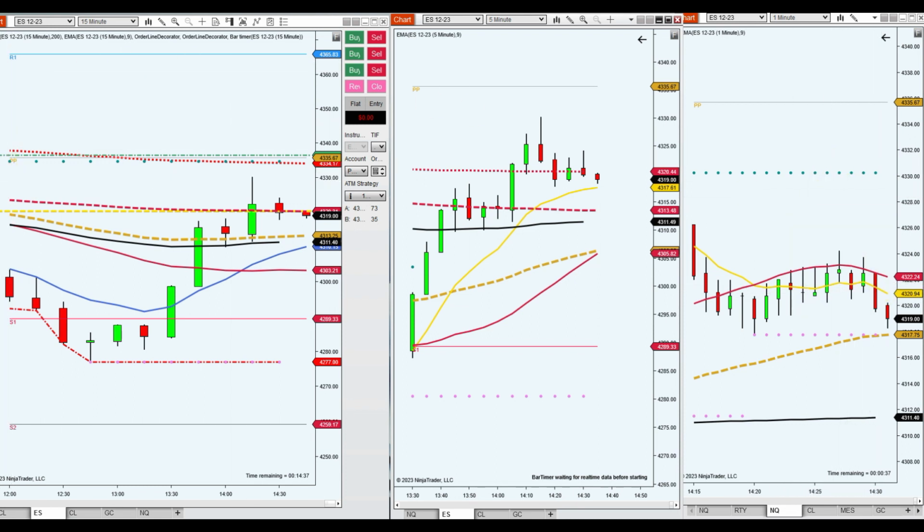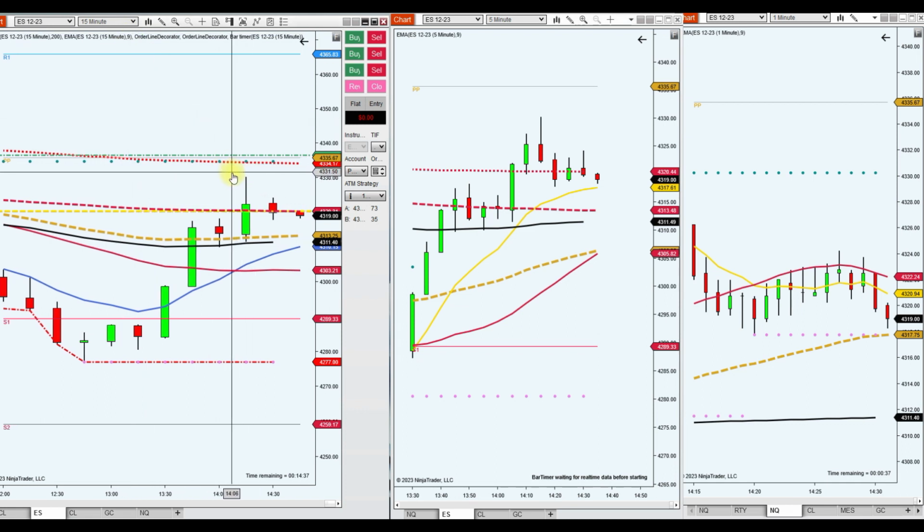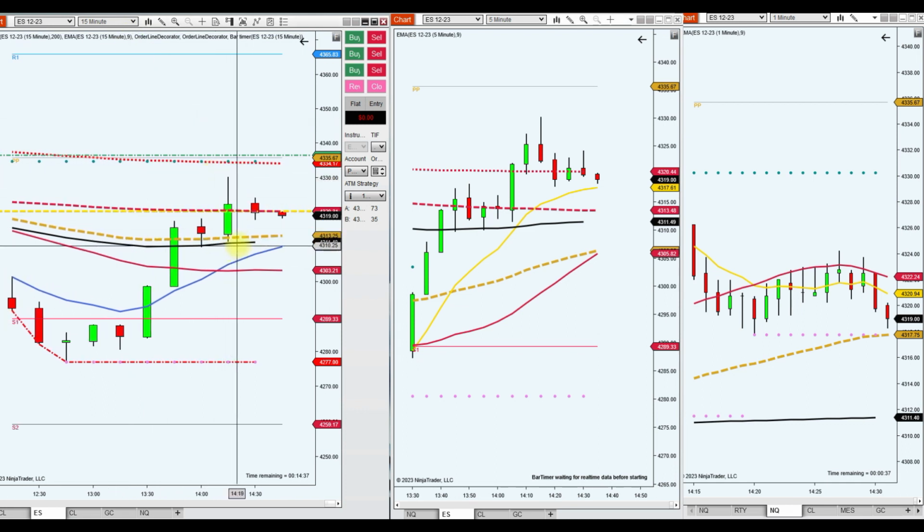But here on the 15-minute chart, we actually have this huge bar that penetrates both the overnight open as well as the 5-minute red line. And these are my same 5-minute red line inputs that I had from the 1 minute chart.